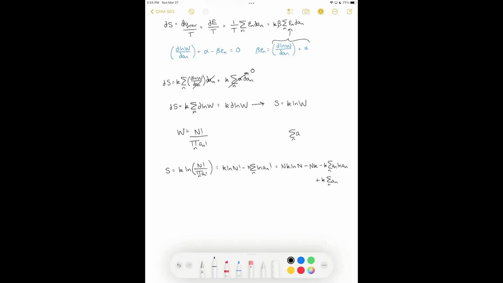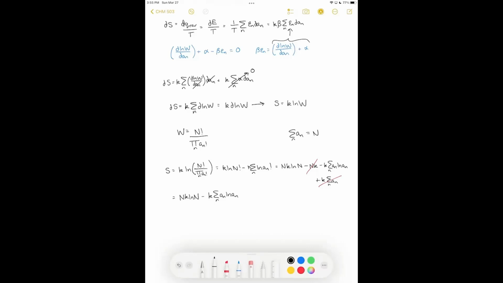This is just how many particles are there in every occupation number. That's simply the total number of particles. So this term here will cancel out with this term here. And that leaves us for our entropy as simply Nk natural log of N minus k times the sum of a sub n natural log of a sub n.